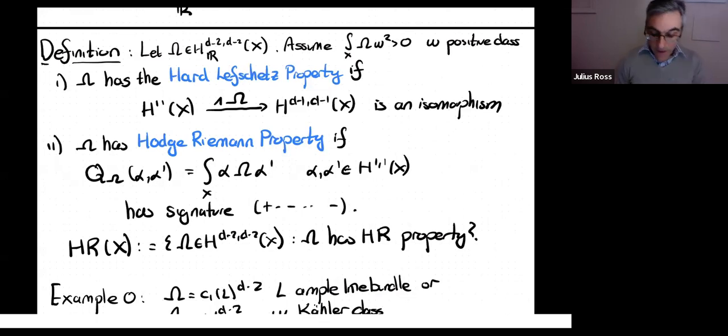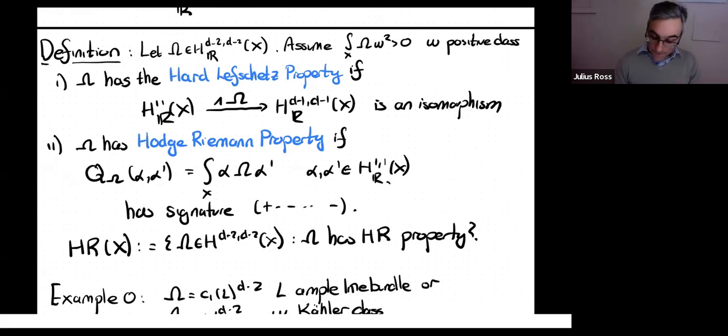Okay, so that's what I want to have, and these cohomologies are all over the reals, of course. Great, and I'll just let HR of X be all the classes that have this HR property. And so Gromov's question is essentially, can you find other classes, or can you describe all such classes?